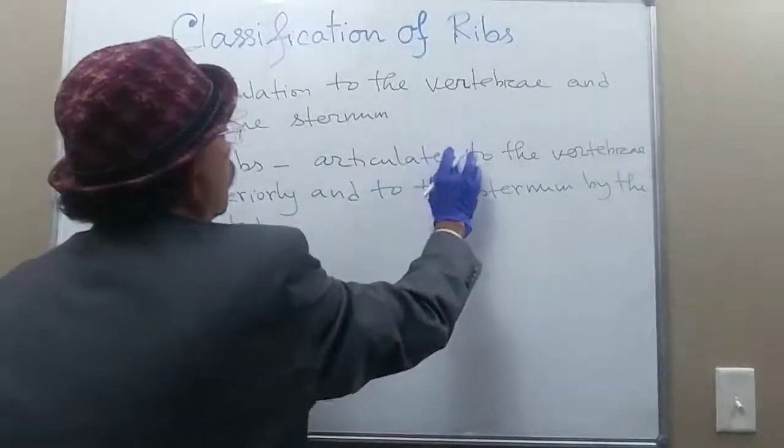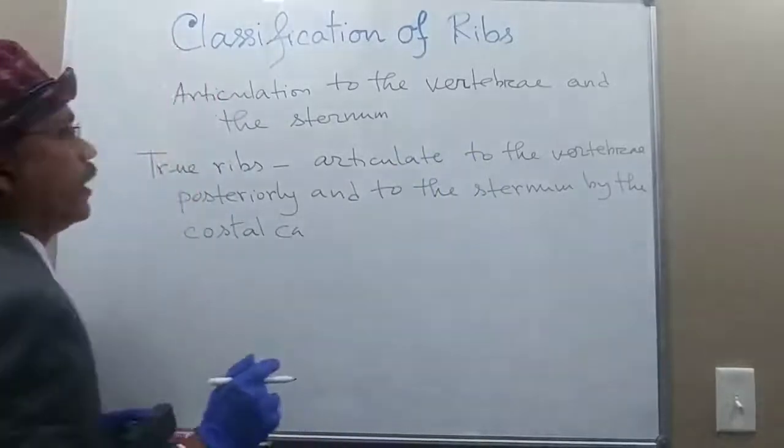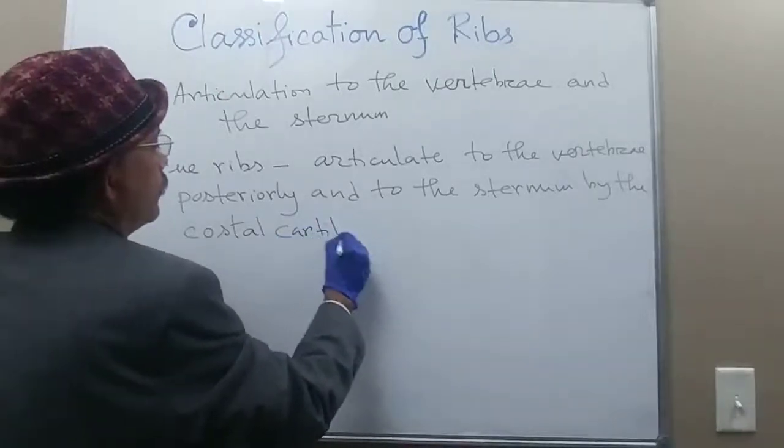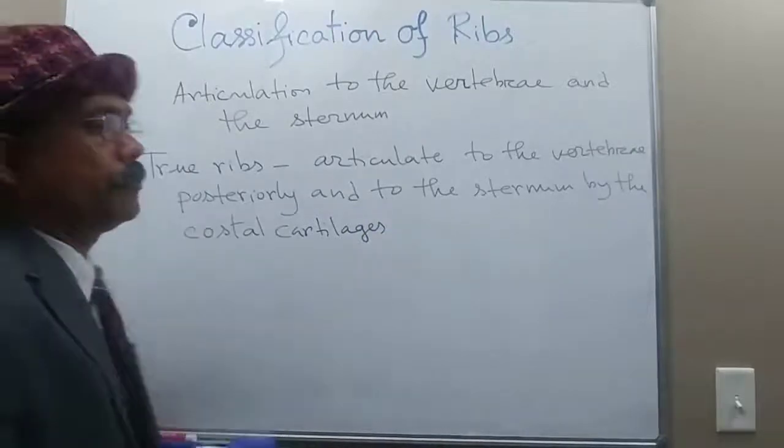So the true ribs articulate to the vertebra posteriorly and to the sternum by the costal cartilages. Okay, these are true ribs.